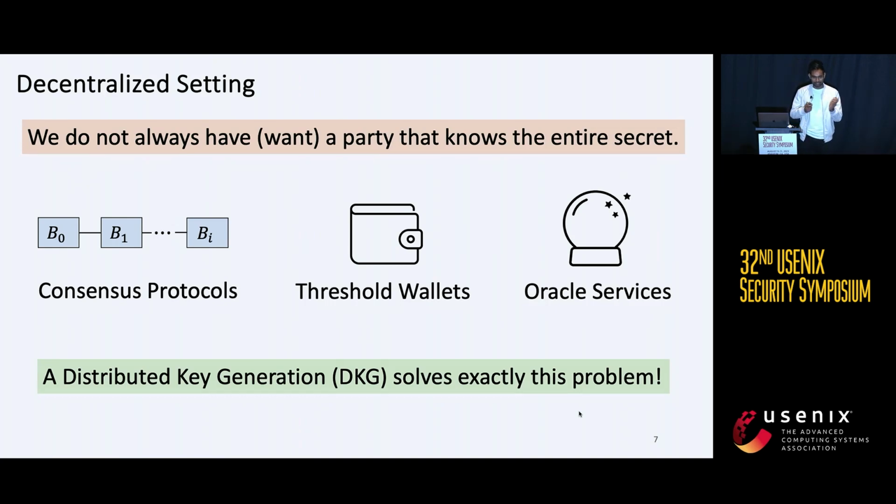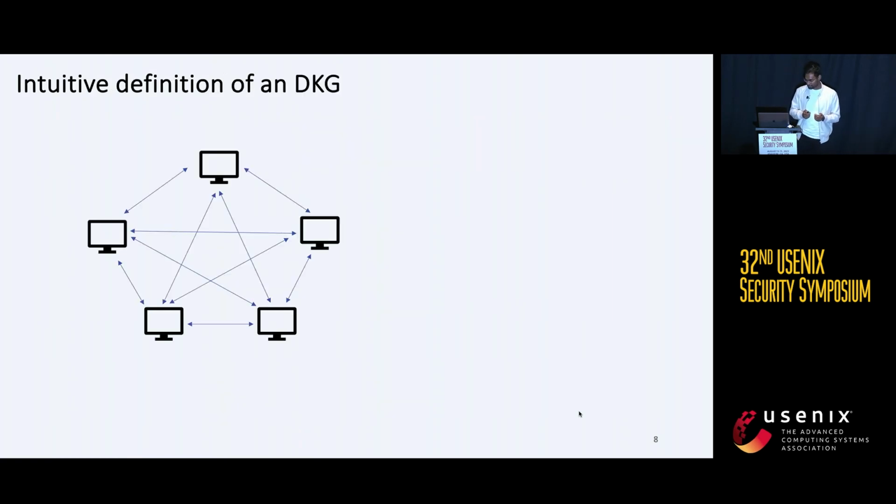So how do you generate the shares of a random secret key in the presence of mutual distrust? Intuitively, this is an MPC protocol among a set of parties, such that at the end of the protocol, party 1 will output Z1 and some common knowledge, PK, the threshold public keys. Party 2 will also output Z2, and so on and so forth.